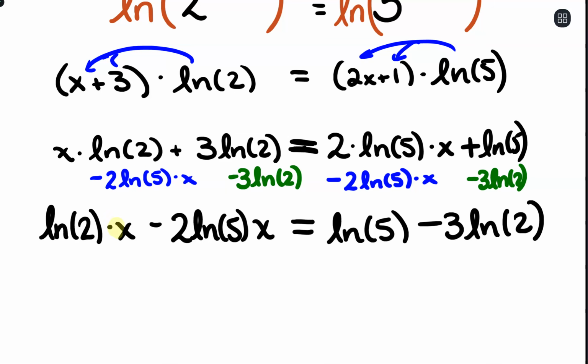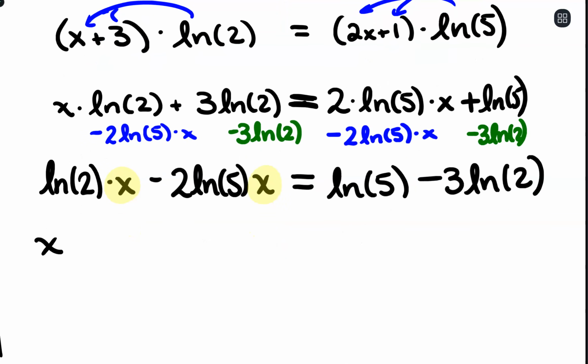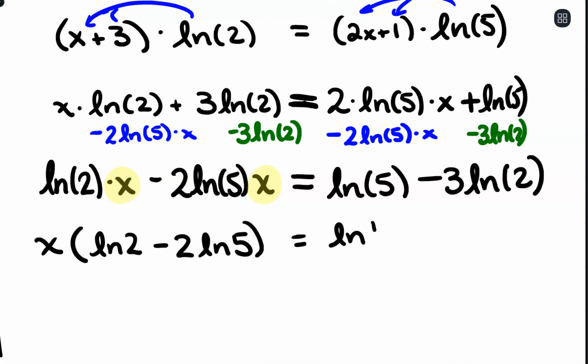So on the left-hand side, I have these two terms with x. We can't combine them. We could, but it would just be a messy decimal. So instead what I want to do is factor out x. So I have x times natural log 2 minus 2 times natural log of 5 equals natural log of 5 minus 3 times natural log of 2.